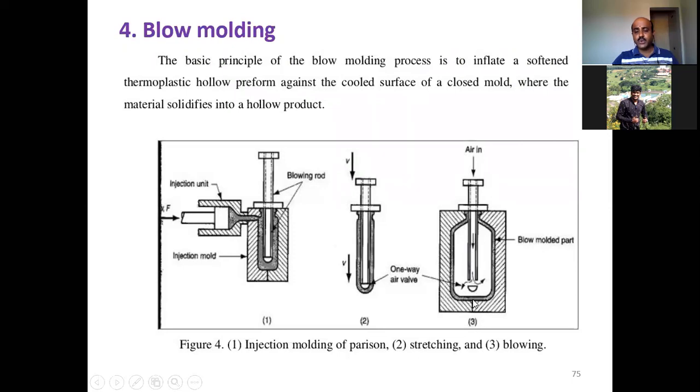As the air blows through, it inflates the hollow thermoplastic. You keep it in the mold, then blow the air. The diameter increases and it sticks to the walls of the closed mold, where the material solidifies into a hollow shape. This is what we generally call blow molding.